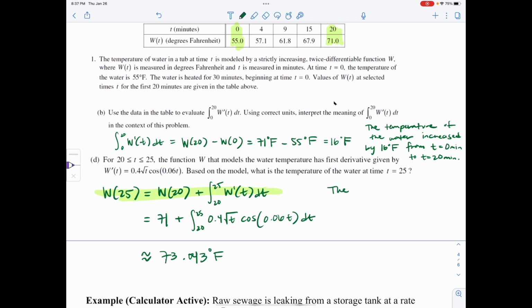So the temperature of the water at T equals 25 minutes is approximately 73.043 degrees Fahrenheit.